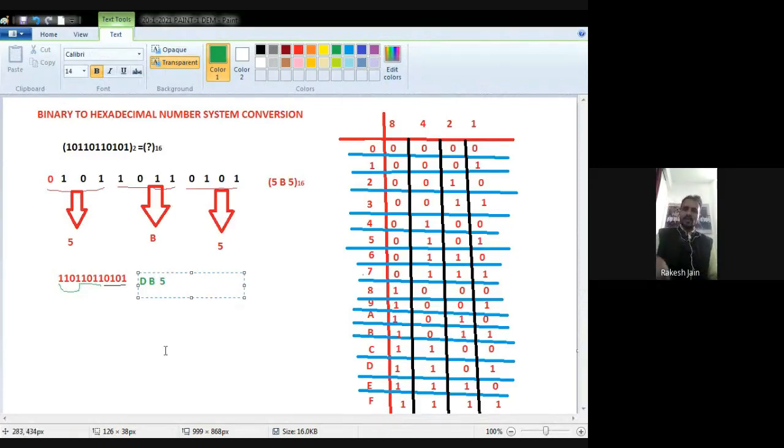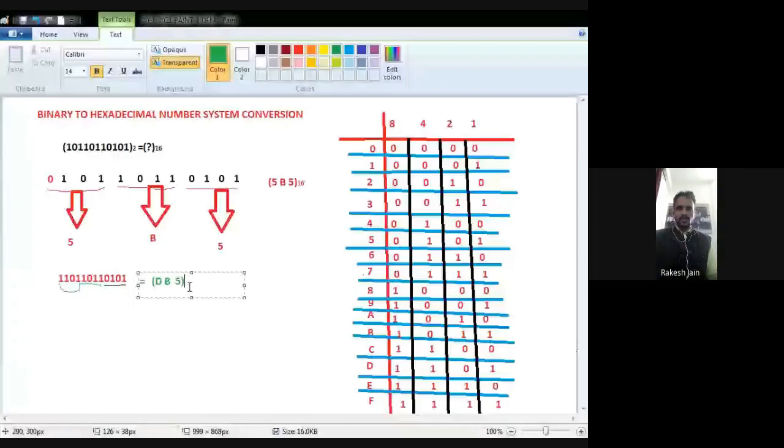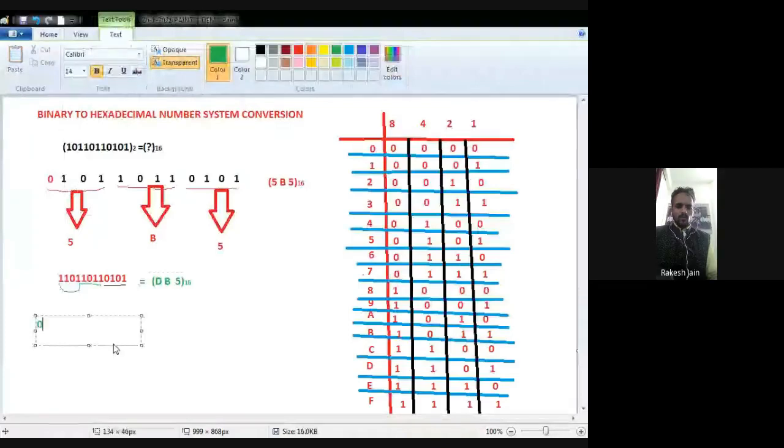So what is 1101? 1101 is D. Then 1011 is B, and then 5. So it will be DB5 in hexadecimal. Base is 16. It is a hex number.